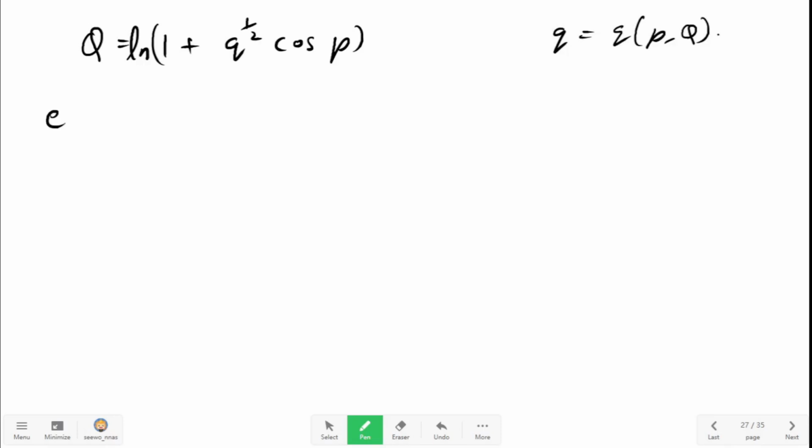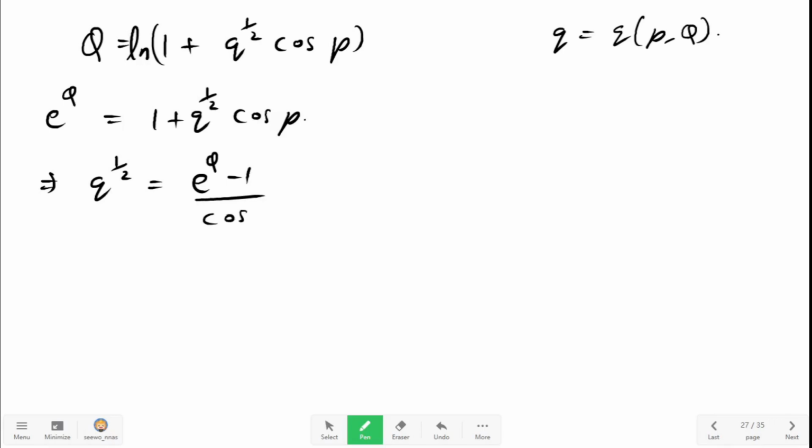If we take exponential on both sides, we will get e raised to Q is equal to 1 plus q raised to 1 by 2 cos p. From here we can write q raised to 1 by 2 is equal to e raised to Q minus 1 divided by cos p.